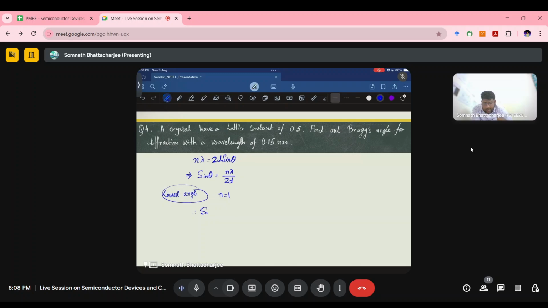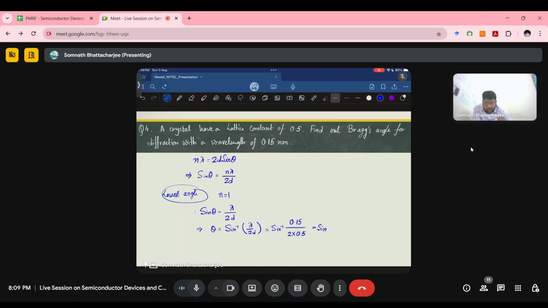For that case, sine theta would be lambda by 2d, and that would be theta equals sine inverse of lambda by 2d, and that would be sine inverse of 0.15 divided by 2 multiplied by 0.5.